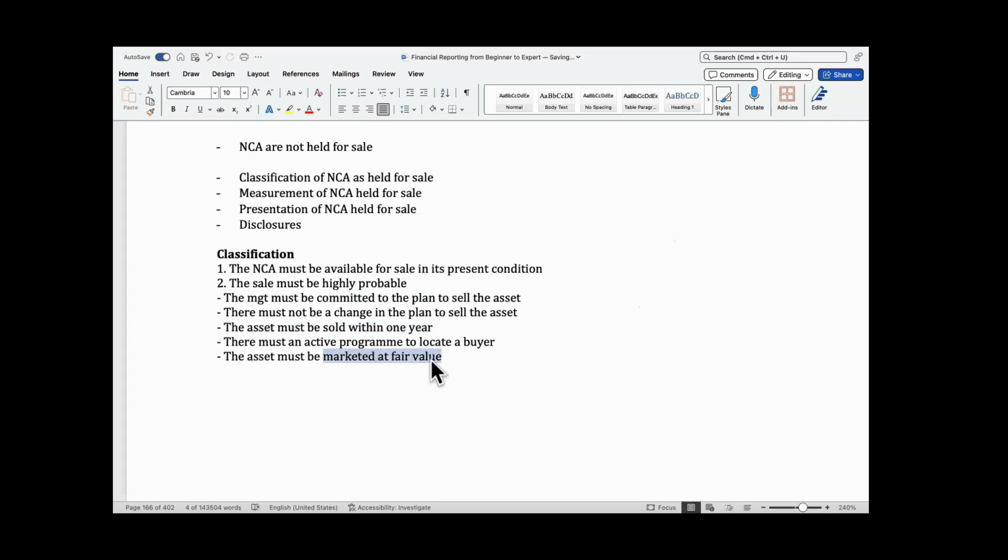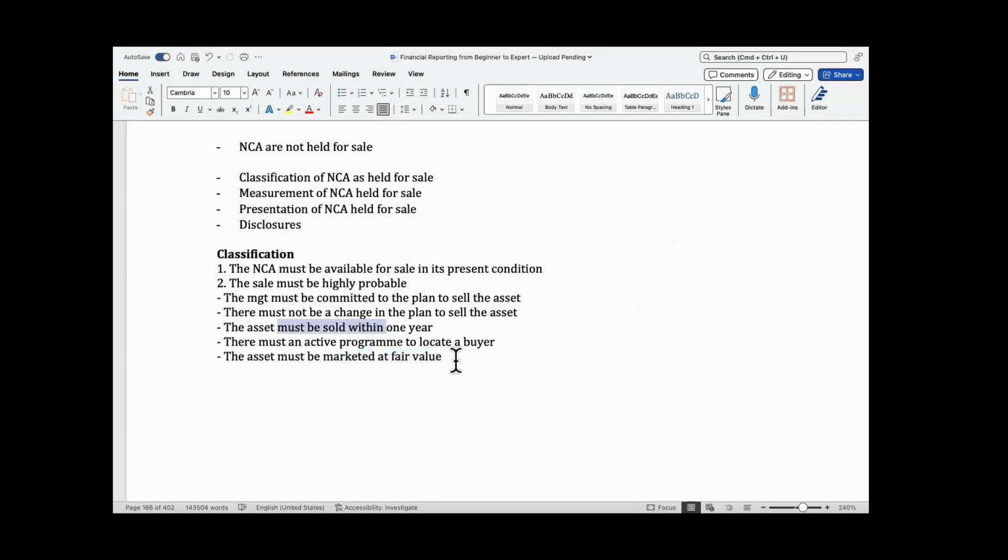So the standard still allows you to continue to classify it as held for sale. Since it's not your fault, you've made a lot of effort and you're still committed. Just that you are unable to sell it. So it's fine. That's one thing I need you to note relating to this.